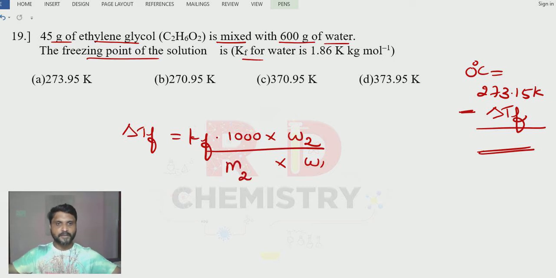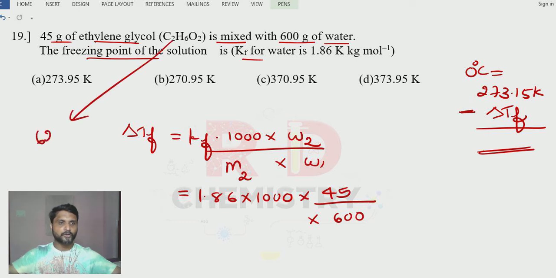We'll substitute now. Kf is given as 1.86, into 1000. W stands for the weight of the solute dissolved: 45 grams are dissolved in 600 grams of water, into the molar mass of ethylene glycol, which is 62 grams per mole. So this is divided by 62.